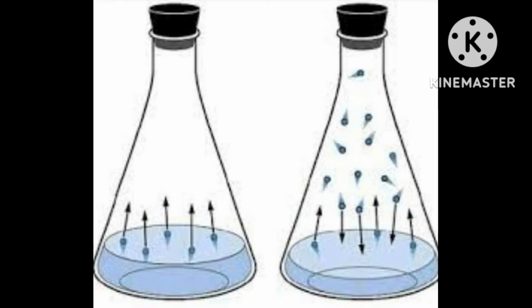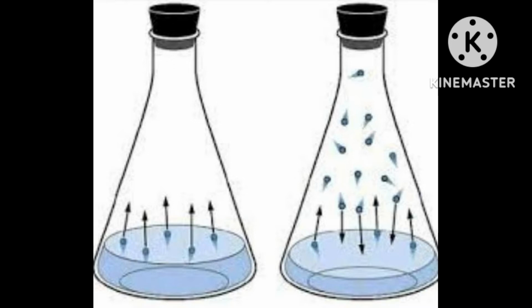Water and water vapors are in equilibrium at atmospheric pressure. Atmospheric pressure means 1.013 bar. That is called atmospheric pressure. 1 atm and this are different.